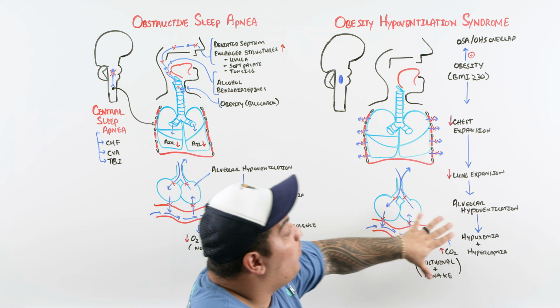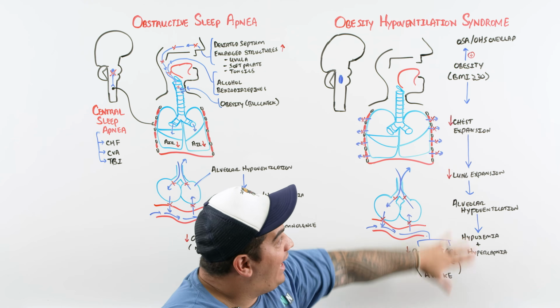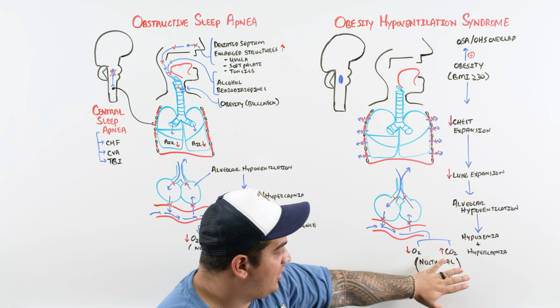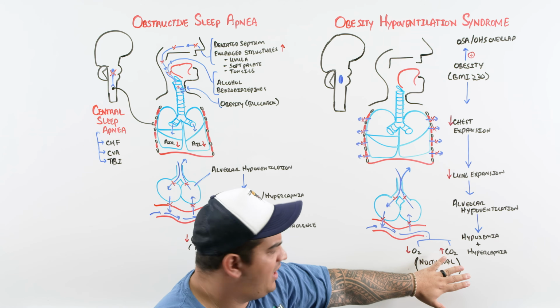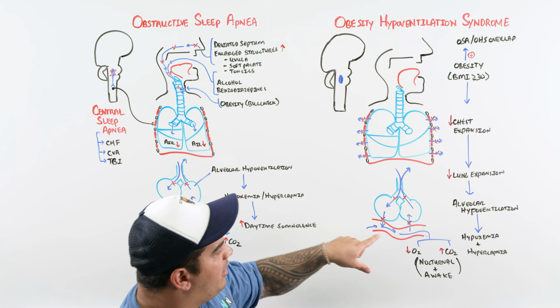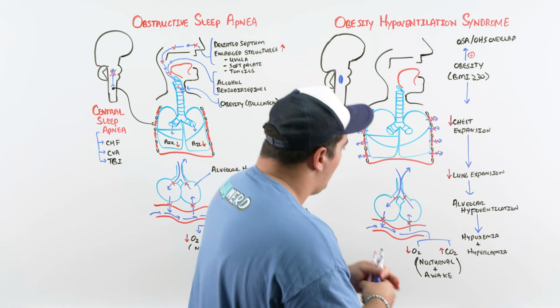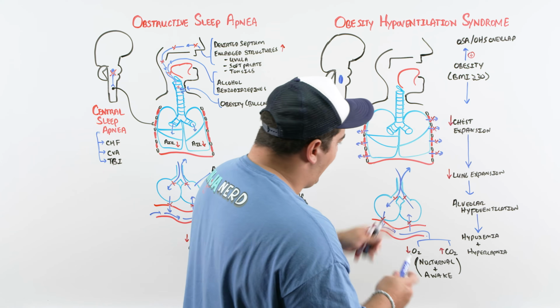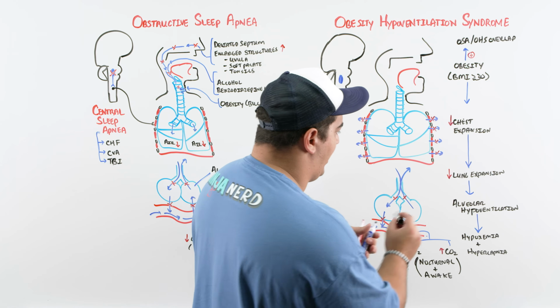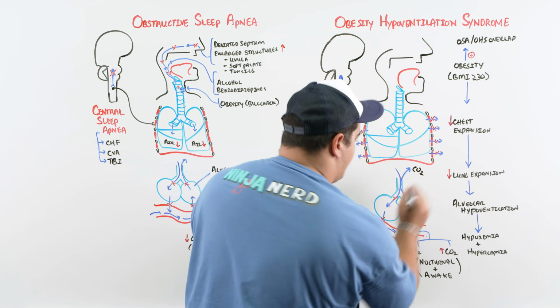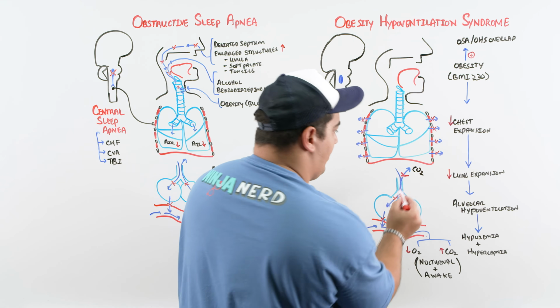This is not the only mechanism, though, that explains why patients have obesity hypoventilation syndrome in these complex systems here. The other concept here, which is really interesting, is if you think about this, they have a hard time being able to clear their CO2, right? So this expulsion of CO2 is being impaired.